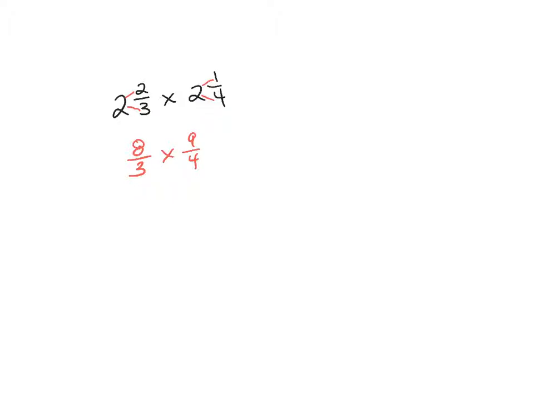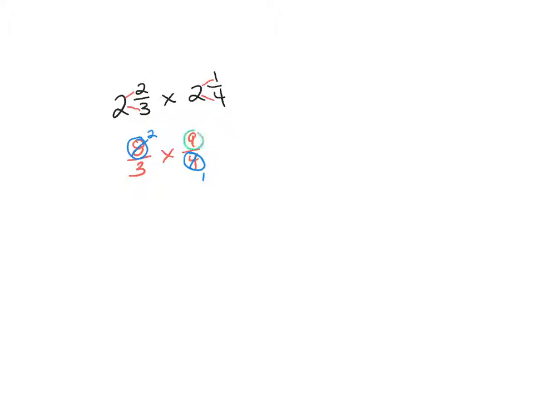Now, when I multiply 8/3 times 9/4, I can do some canceling. I have an 8 and a 4, and they have a common factor of 4. So I'm going to divide both of those by 4. 8 divided by 4 gives me 2. 4 divided by 4 gives me 1.